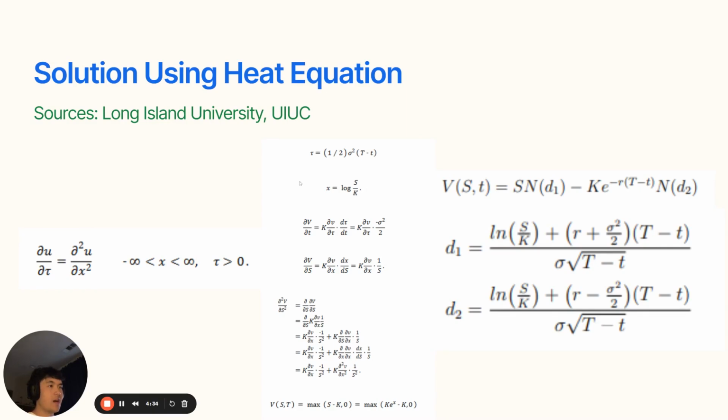And to be honest, I do not think I can describe the derivation of the solution, but on the right here is the solution, and this represents the call option price, except in this example they use the variable V instead of C, and D1 and D2 represent probability factors as to how the price will change over time.